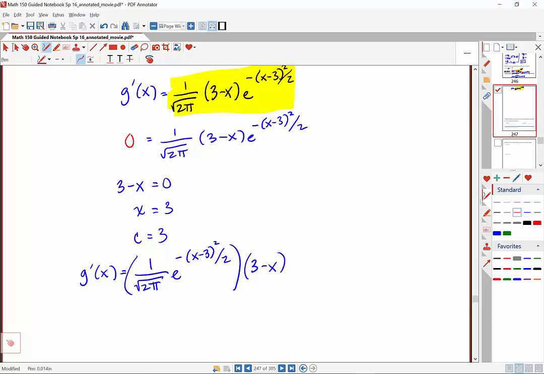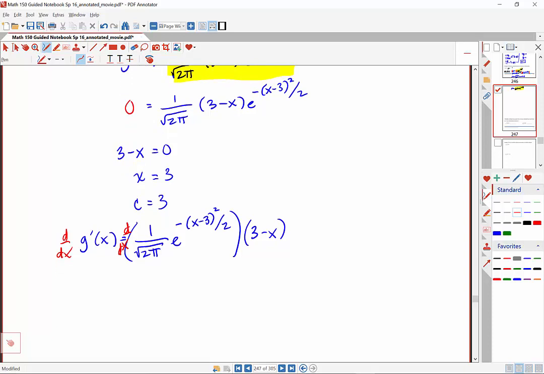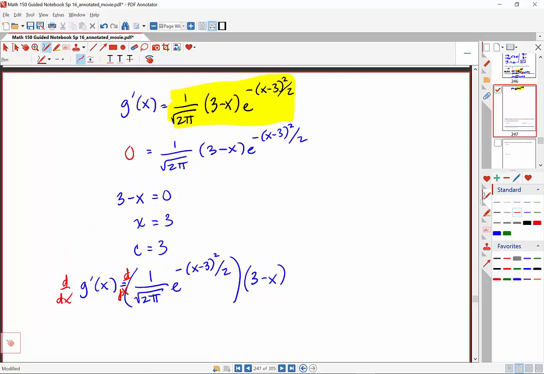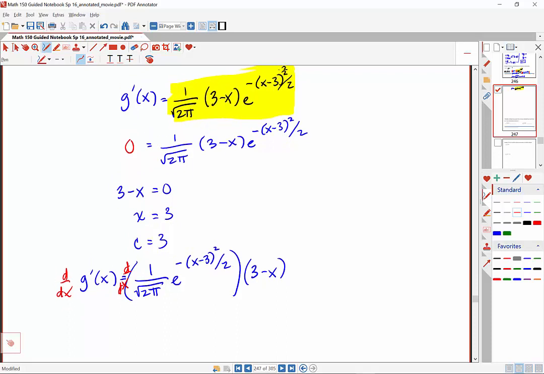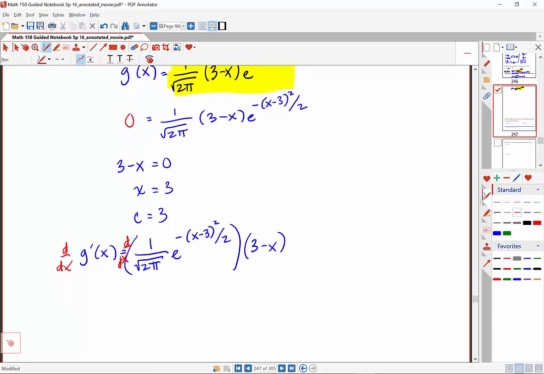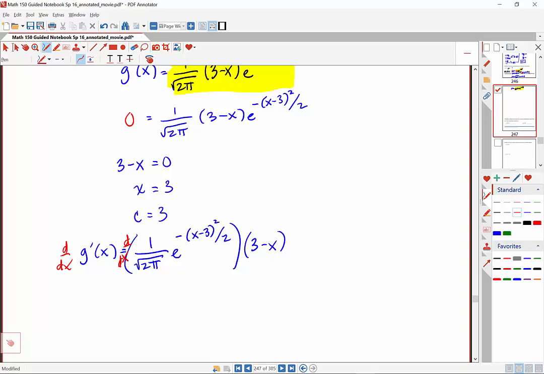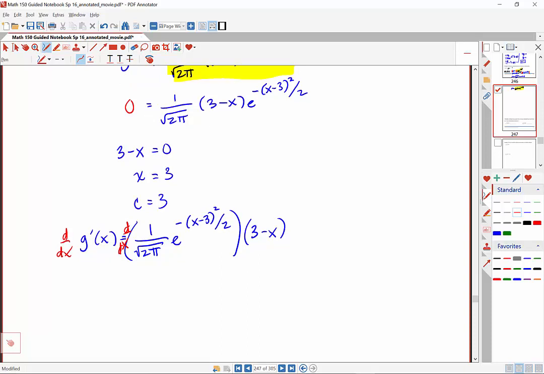So now when we differentiate with respect to x on both sides, we end up with a product on the left side. And we already have the yellow derivative that we had found for that first part of it. Remember, g was that. So g prime is going to be, we're going to know what d dx of that one is. So let's do it.